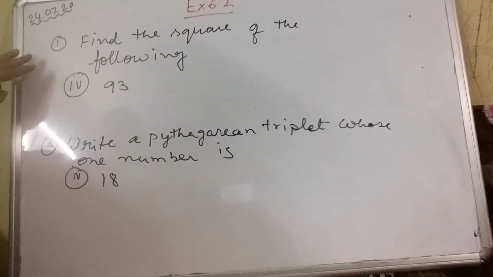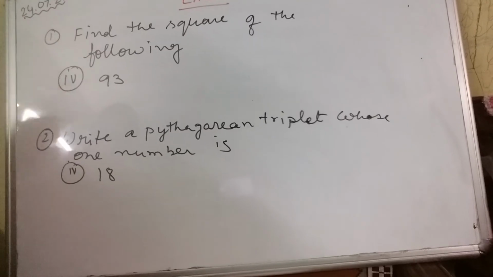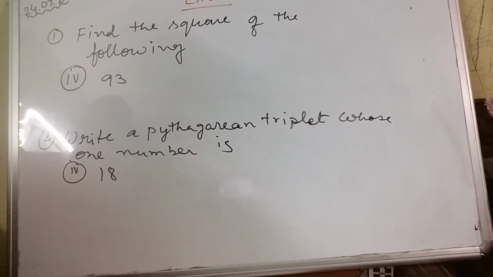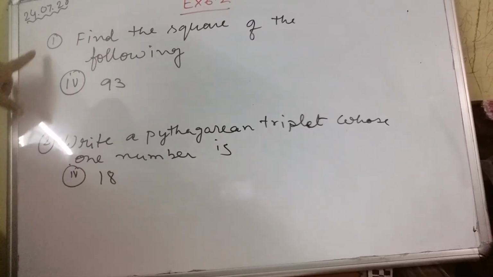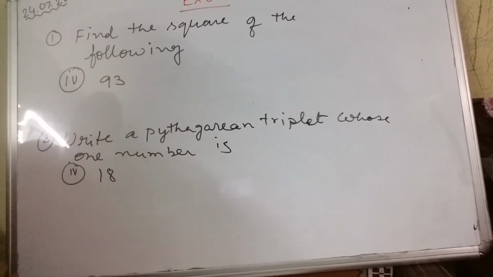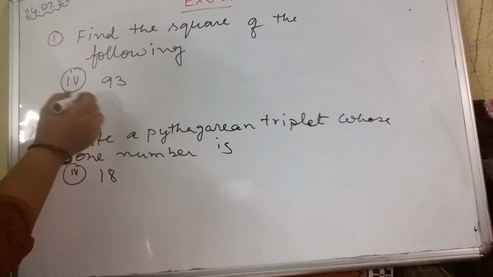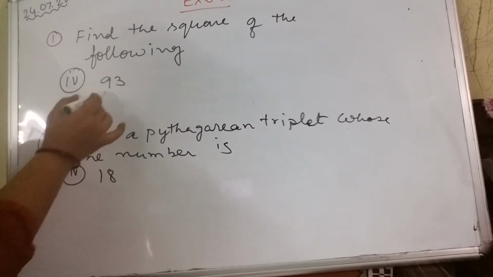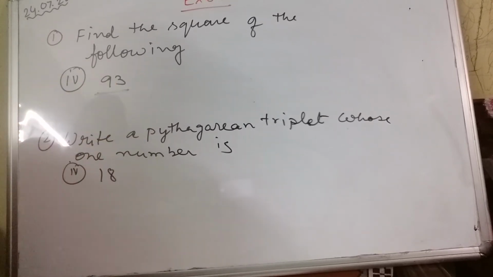Let's quickly do this exercise 6.2. It's a very small exercise. Only two types of sums are given. First one is find the square of the following. We have to find the square of the given number. Say 93.